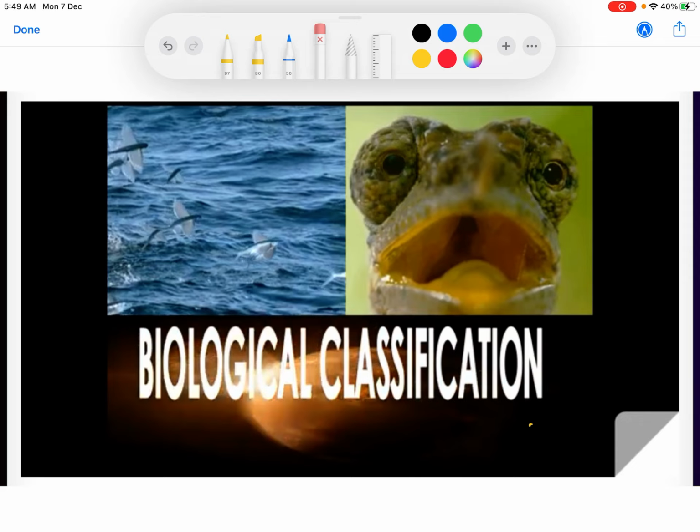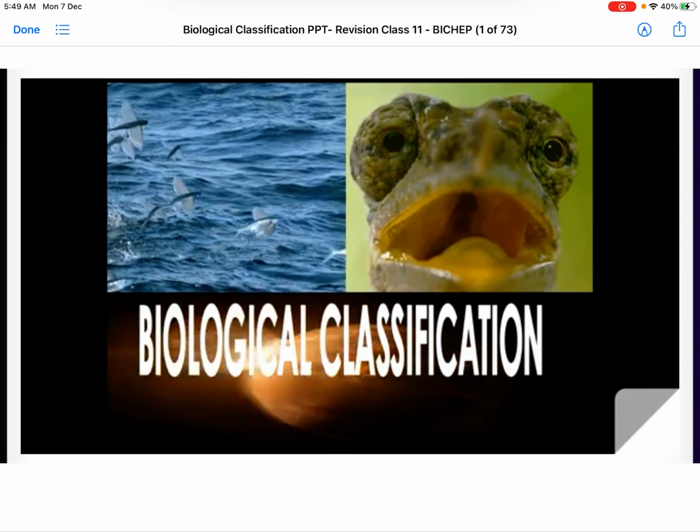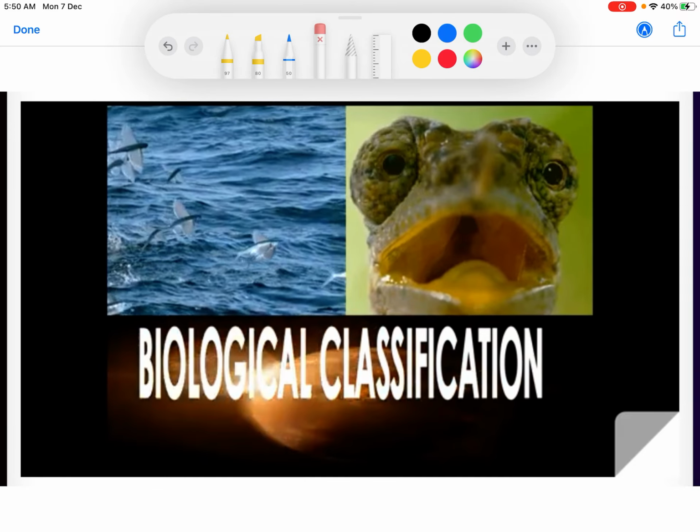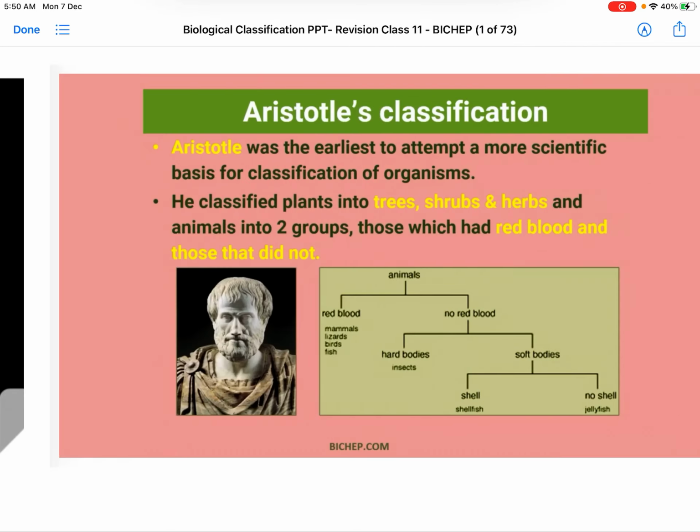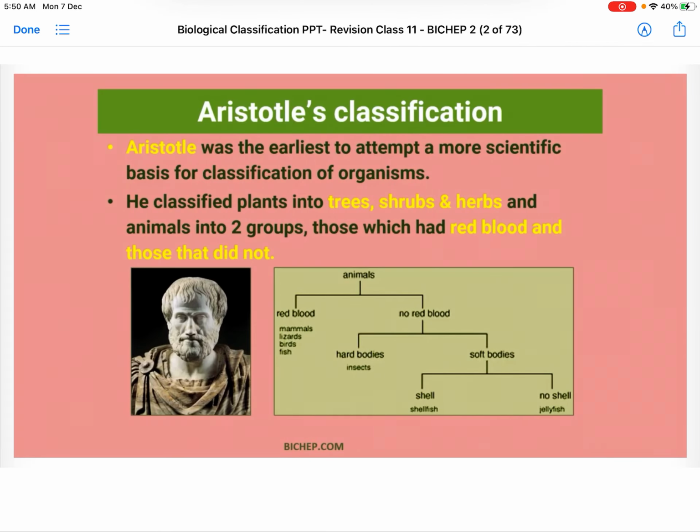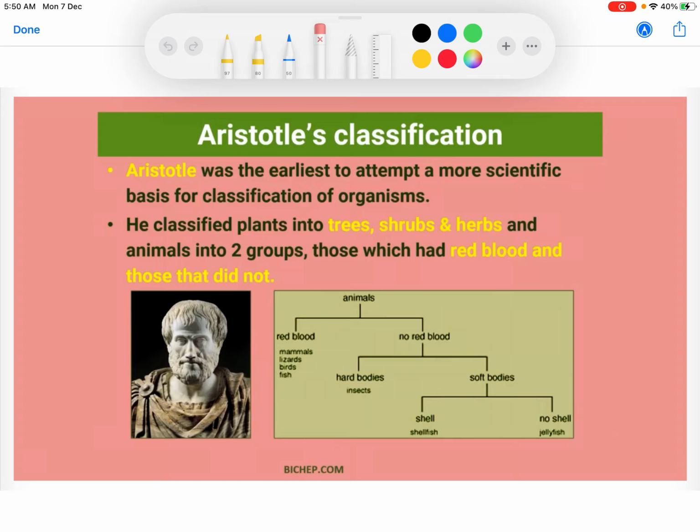Ready? Now, the very first thing related to classification was started by the scientist named Aristotle. In the ancient era, for the first time, Aristotle started to classify various types of organisms.